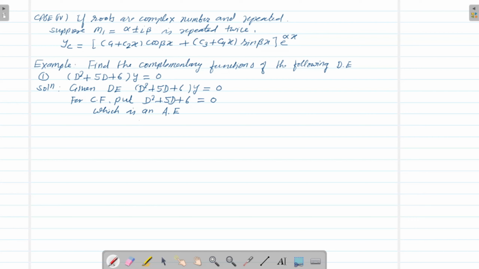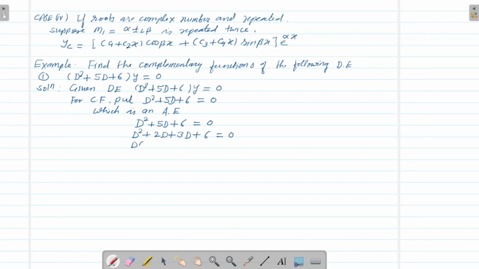So we first factorize this. D square plus 5D plus 6 equal to 0. Now factorize this. We multiply 6 into the coefficient of D square, that is 6 times 1 is 6, and find the factors of 6 such that their sum is 5. So D square plus 2D plus 3D plus 6 equal to 0.